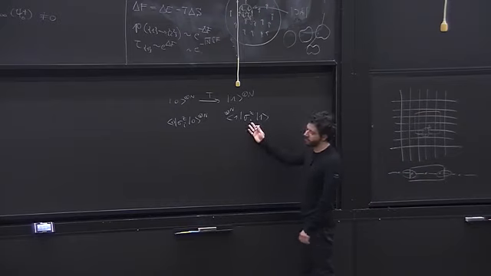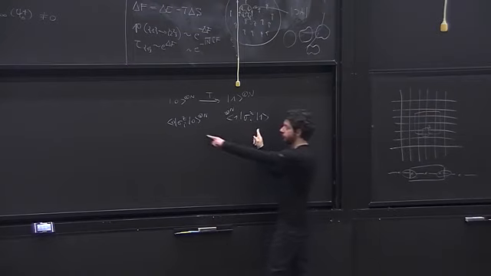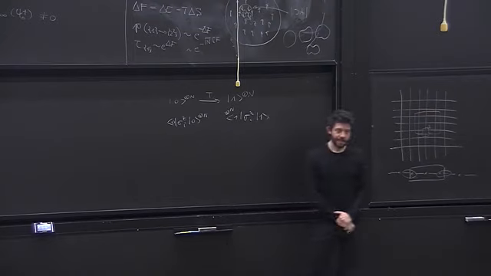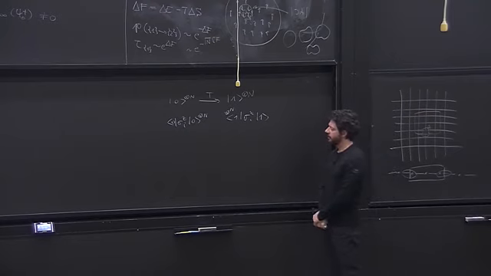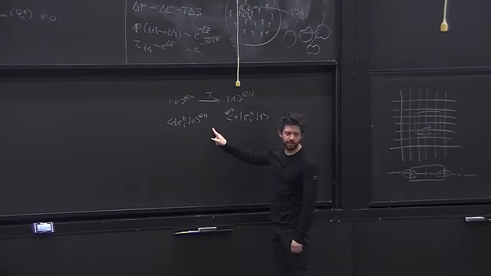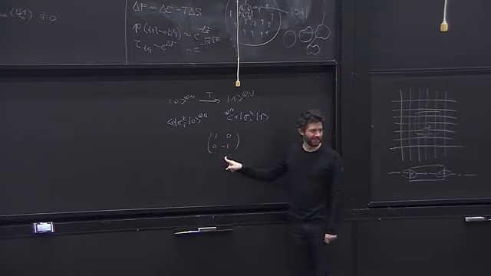So the very fact that there are local operators that distinguish these two states means what? That in the basis 0, 1, this operator has matrix elements like this. So it's not a vanishing operator.